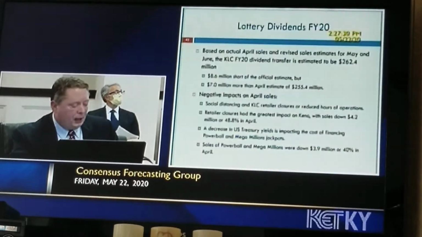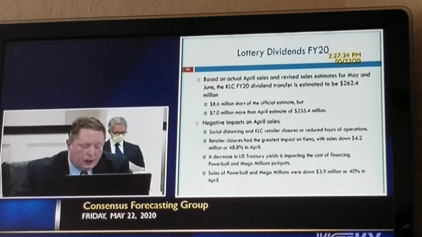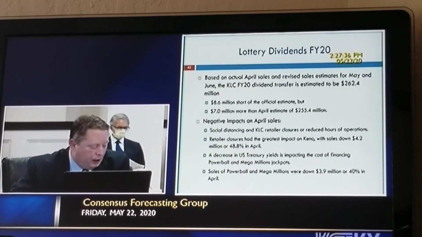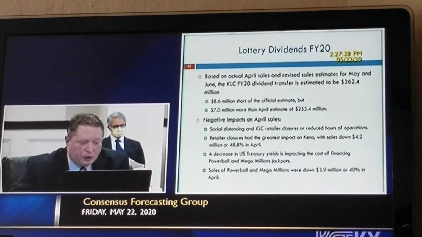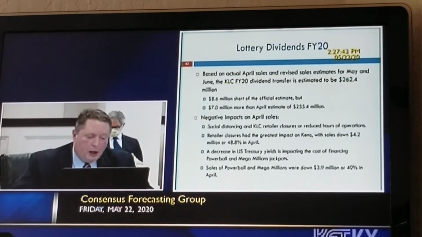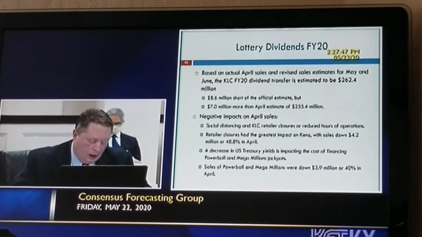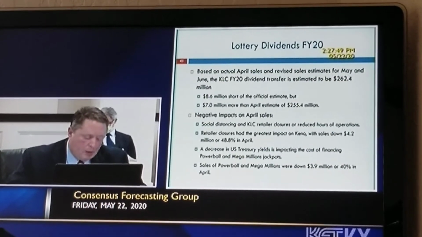Lottery has been impacted greatly by what's going on. We work with Howard Klein, the Executive Vice President and Chief Financial Officer of the Kentucky Lottery Corporation. He approves the dividends and so forth that come back to the Commonwealth.